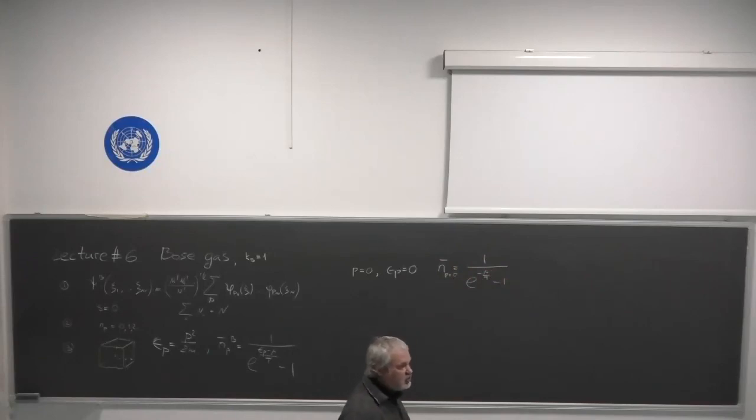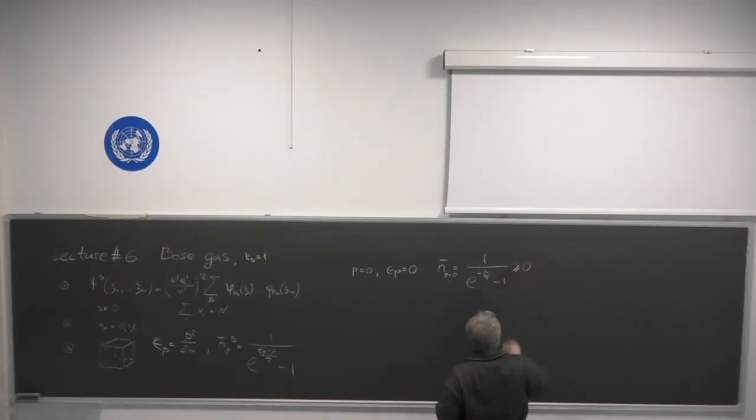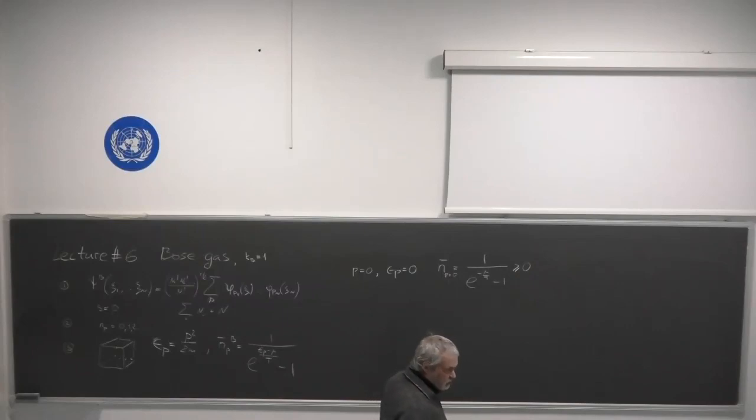But the average number of particles occupying the state characterized by p equal to 0 should be not negative. So n is larger or equal to 0, right? Because the average number of states cannot be negative.